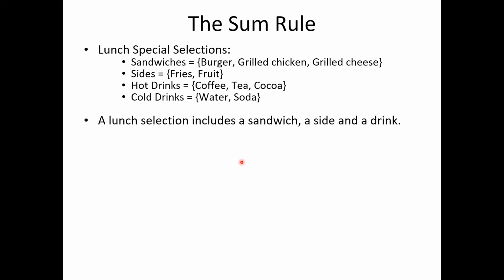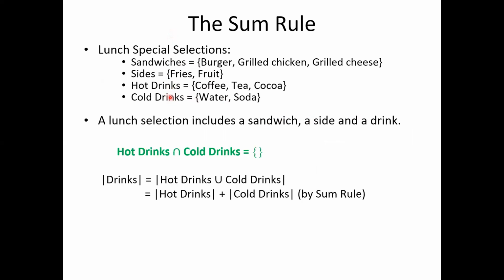So let's say you have a modified menu where you choose a sandwich, a side, and a drink, but a drink can be from either hot drinks or cold drinks. Thankfully the intersection is empty, so the set of drinks is just the sum. It is always a union, but it's easy to count.